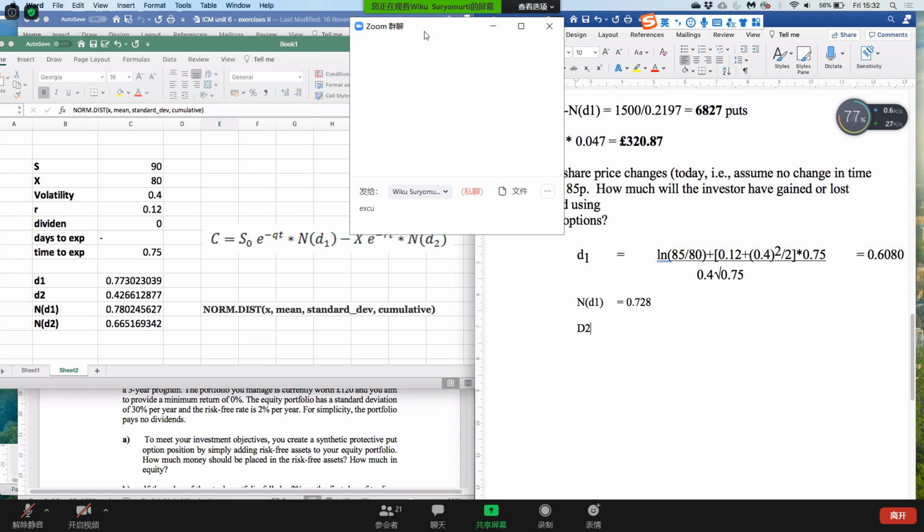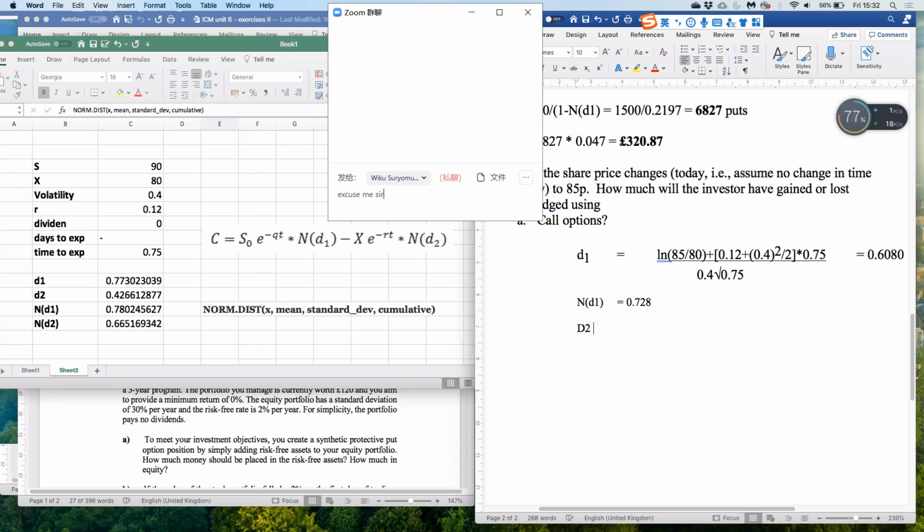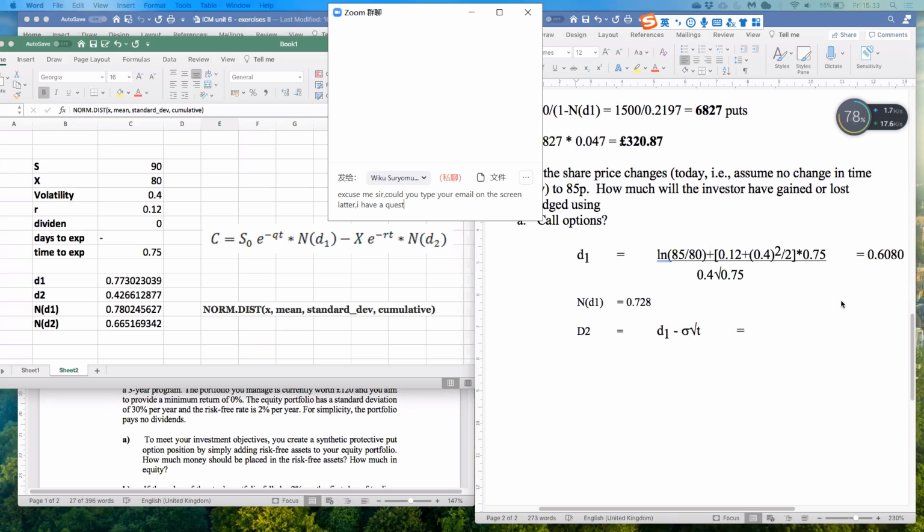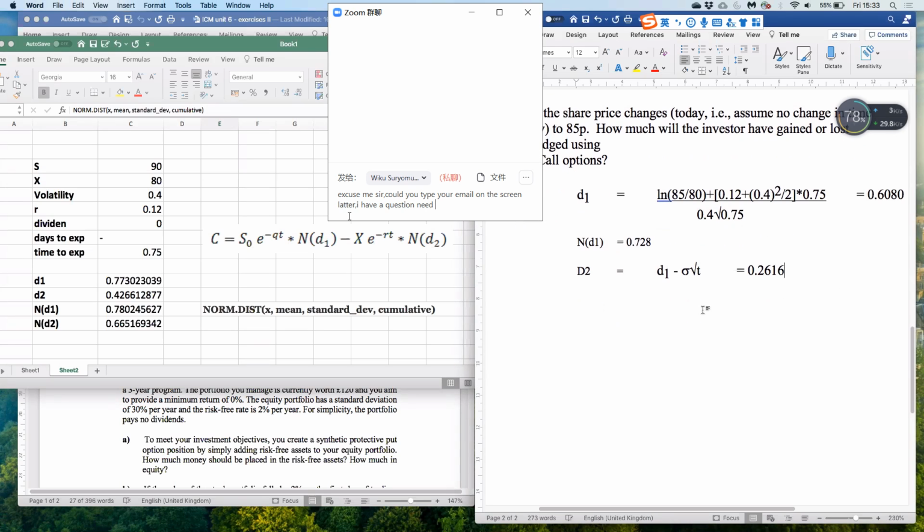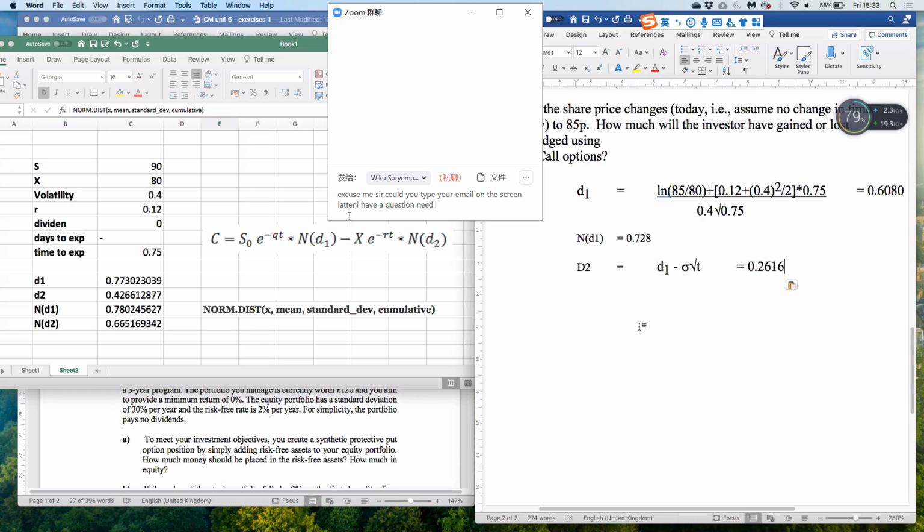As for D2, it equals D1 minus the volatility multiplied by the square root of the time to expiration. We got the value of D2 is 0.2616.